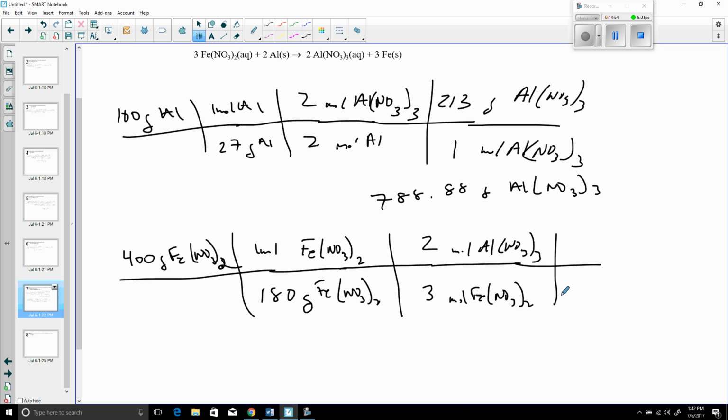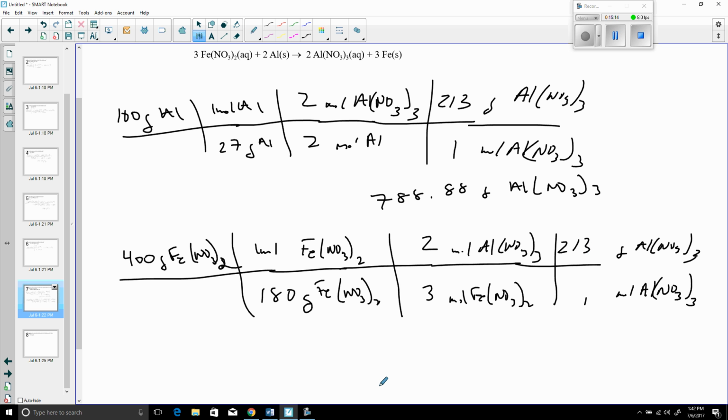And now express this back into grams. Moles of aluminum nitrate to grams of aluminum nitrate. And we already have that expressed up here. 1 mole is equal to 213 grams.